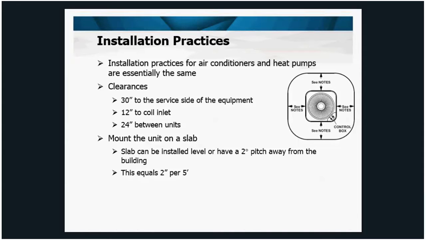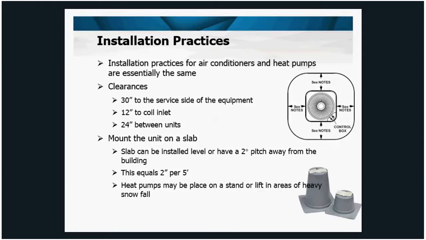Heat pumps, air conditioners are not an issue here, but heat pumps need to be placed or can be placed on either a stand or a lift if there is heavy snowfall. And the rule is that whatever your average snow level is on the ground, let's say you have snowfall of 6 inches, and that's usually what stays on the ground, you need to elevate your heat pump 6 inches above the average snow accumulation.